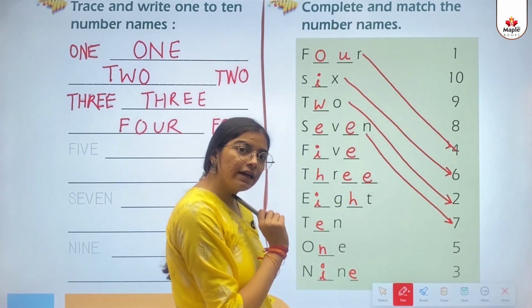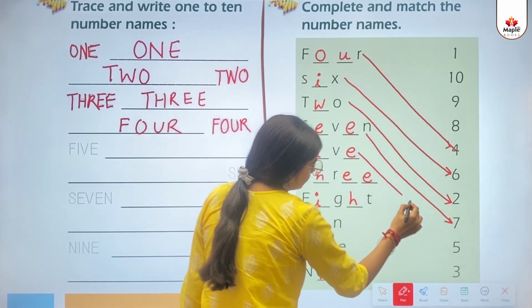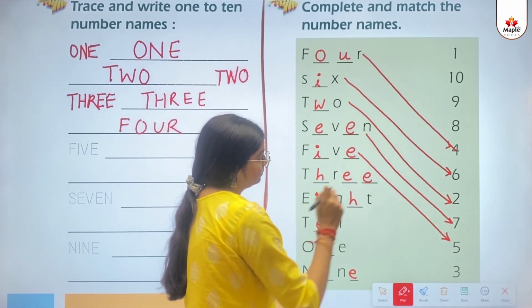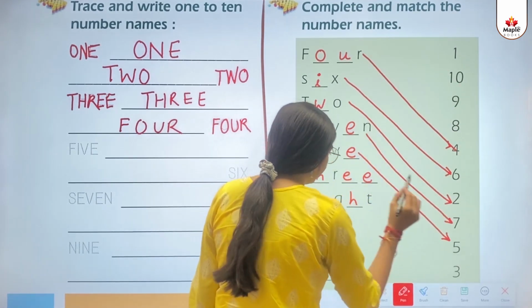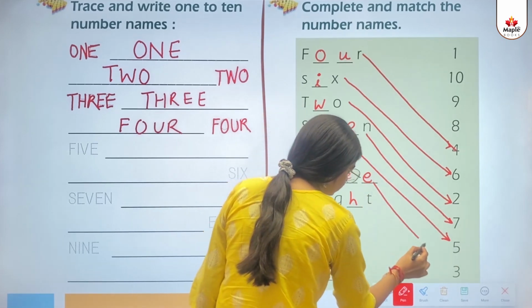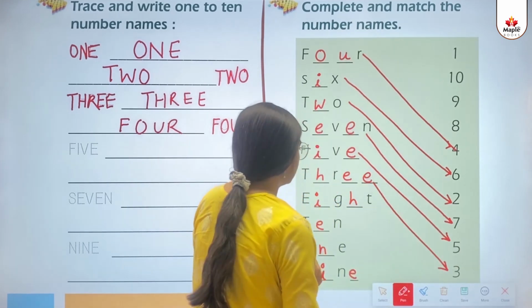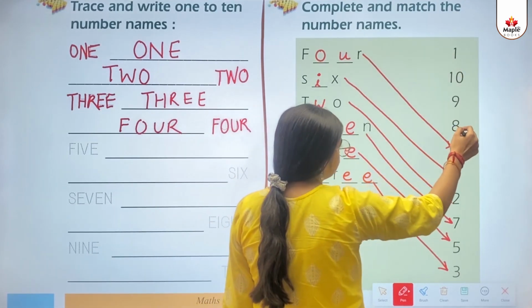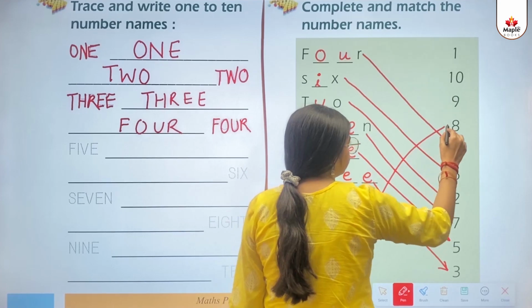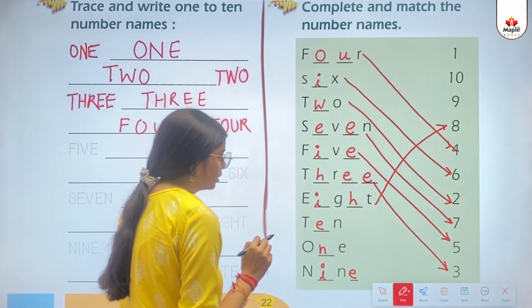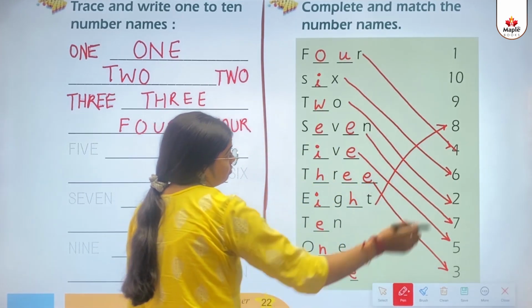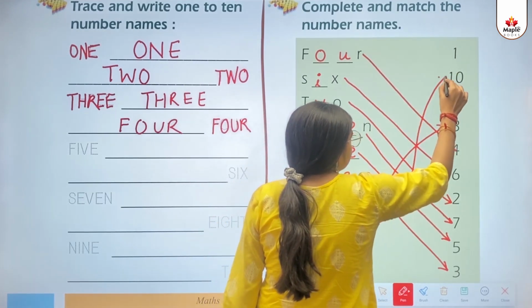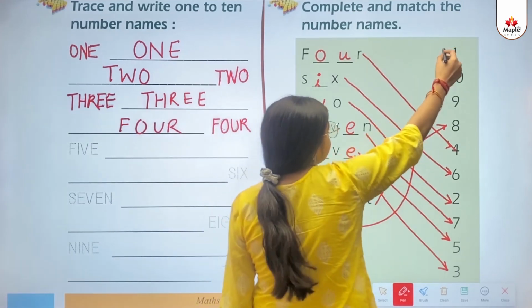Then 5. This one is 5. Then 3. This one is 3. Then 8. This one is 8. Then 10. This one is 10. 1. This one is 1.